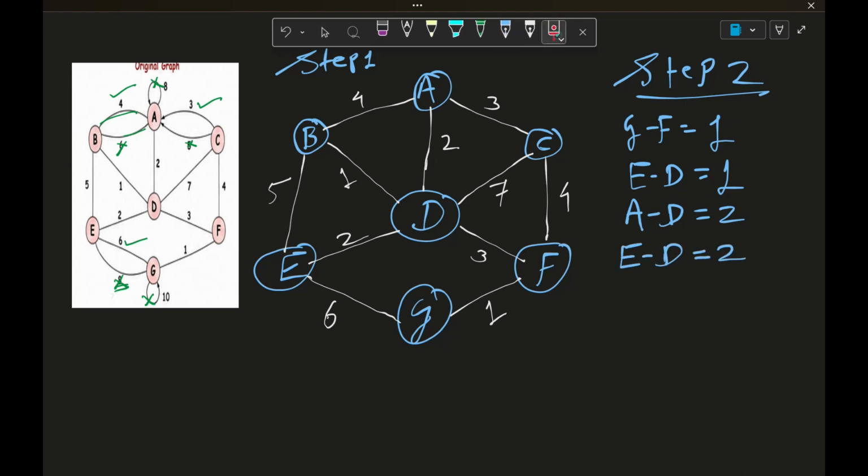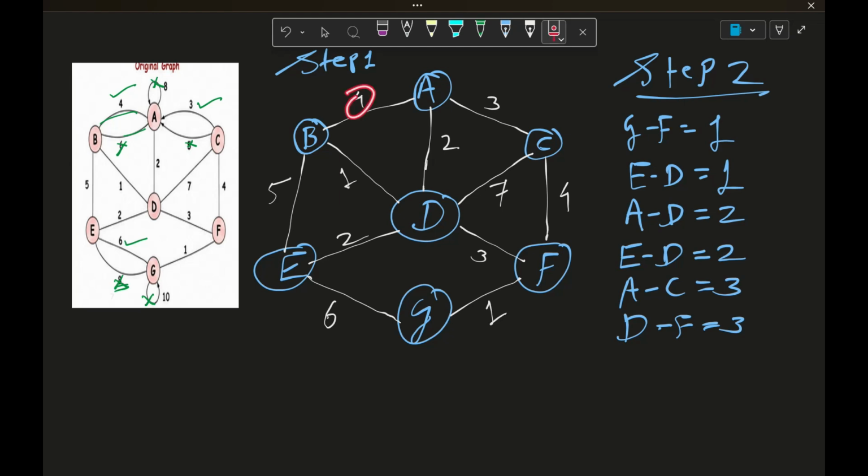Then think for the edges which have the weight 3. So it's again here AC and DF. So just write AC is 3 and DF is also 3. Then for 4 we have, I guess, CF and AB.